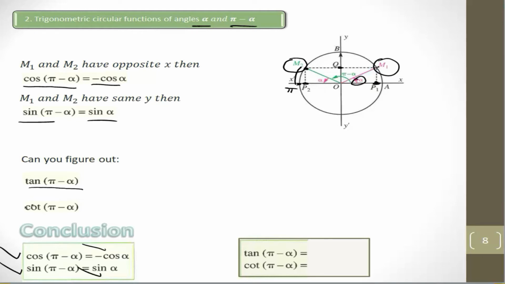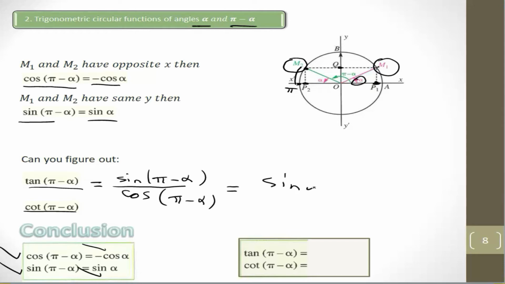You can conclude the tangent and the cotangent, since here we have opposite signs of cosine and sine, so we can just write tangent pi minus alpha equals sine pi minus alpha over cosine of pi minus alpha, so it is equal to sine alpha over minus cosine alpha, which is equal to minus tangent alpha.